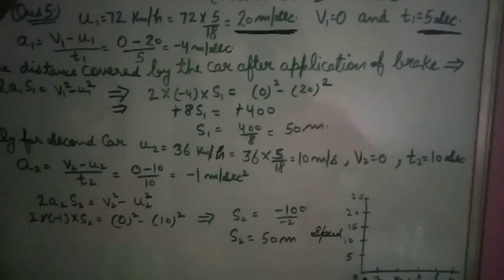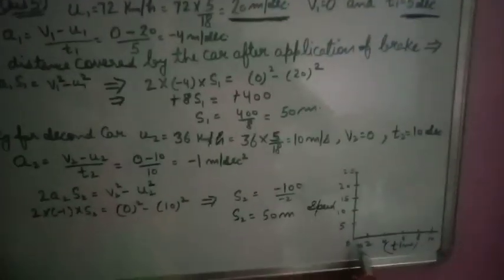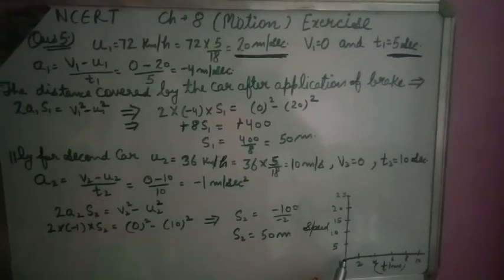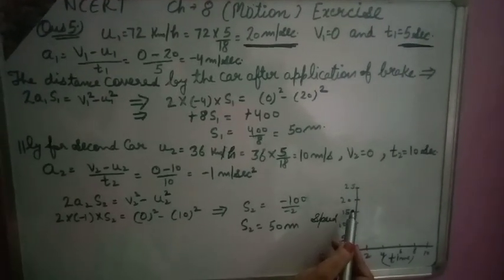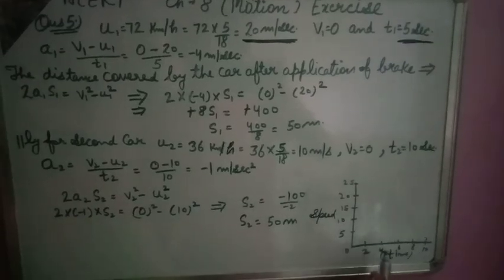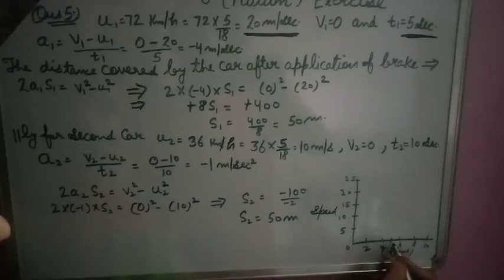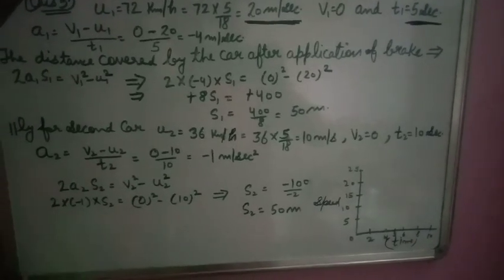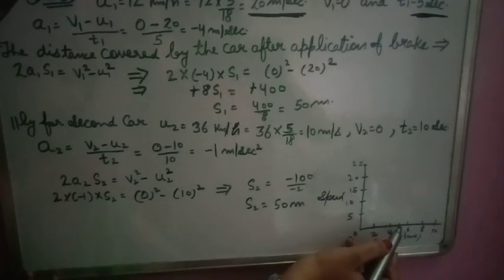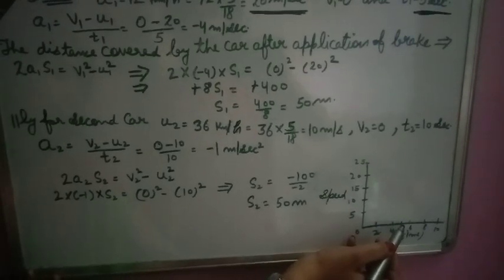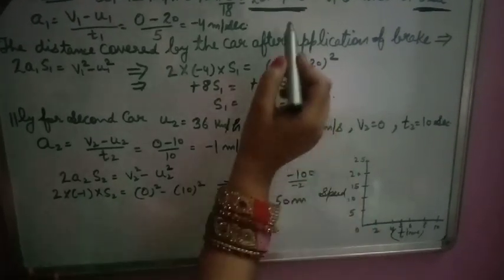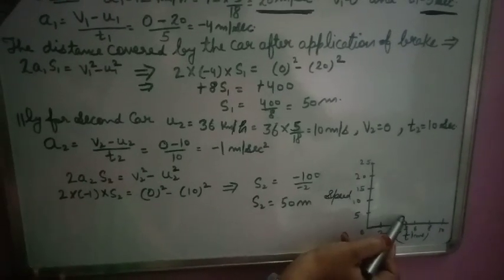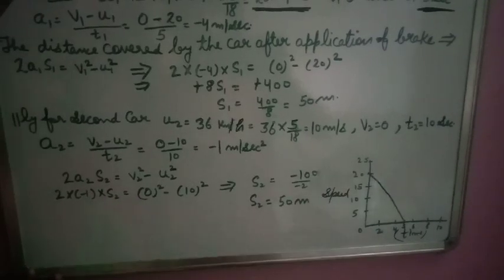So I have chosen the values here 0, 2, 4, 6, 8, 10, and the scale for the speed is 0, 5, 10, 15, 20, 25. So 5 will lie somewhere here between 4 and 6: 2, 4, 6, 8. 5 will lie here for the first car, 5 is here, and they ask me to plot the graph between time and speed for the first car. Time taken is 5 seconds and the speed was 20. So it will be like this.